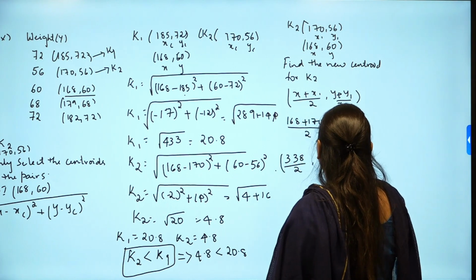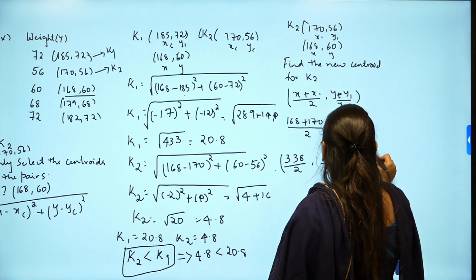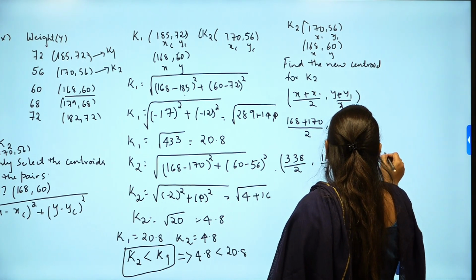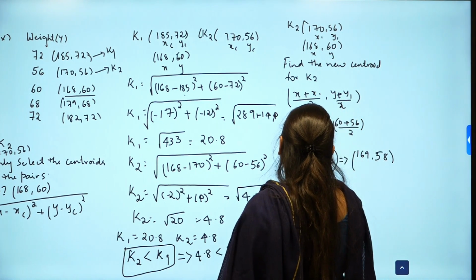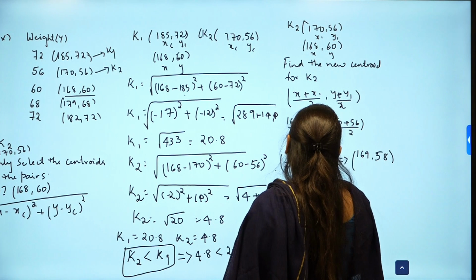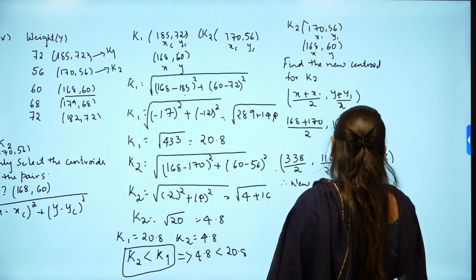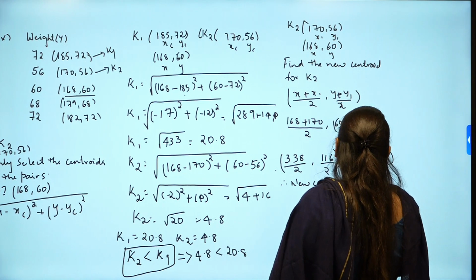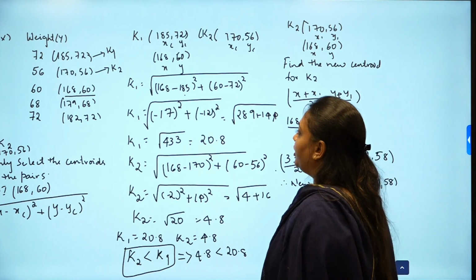So the final answer is 169 comma 58. Now your new centroid for K2 is equal to 169 comma 58. This is for your third data item.